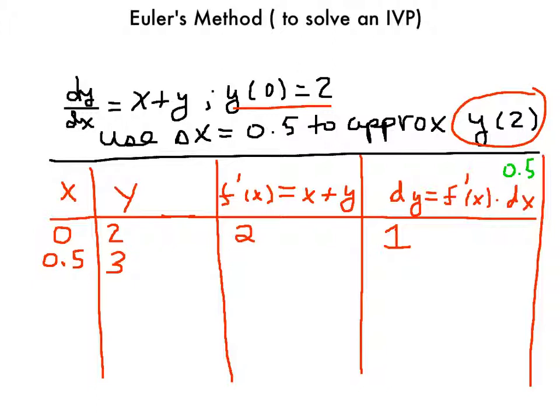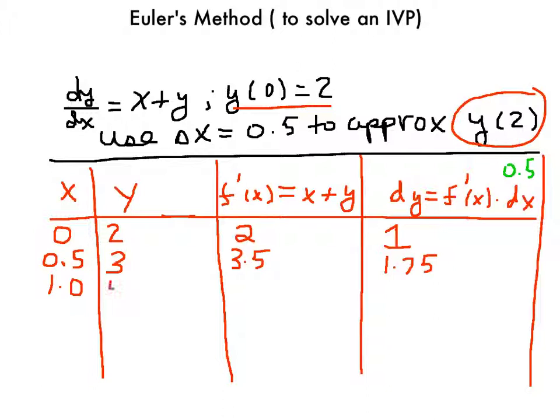My derivative is x plus y, so that's going to give me 3.5. And now dy is 3.5 times a half, or 1.75. Get the hang of it? I increment x by a half, and so now it's 1.0. My new value for y is the old value of y, which was 3, plus the change in y, which is 1.75.